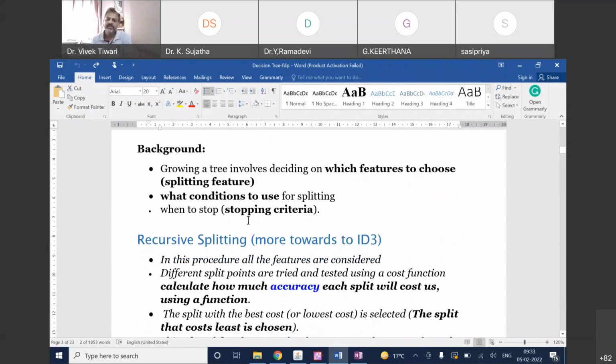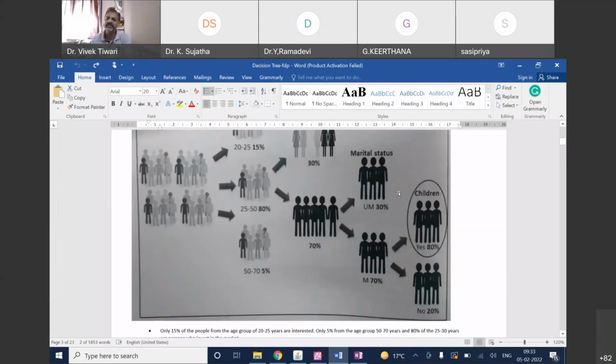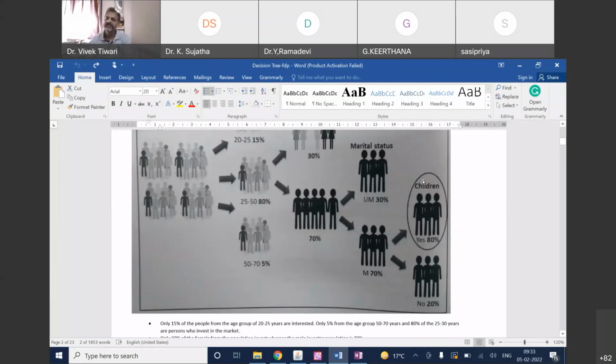Sasi ji is asking, will there be one yes at the leaf? One yes means what? All the observations in that leaf, if the leaf is yes, all will be yes. All will go for the investment, like that. If 80% are there, we will talk about that group of persons as will invest.